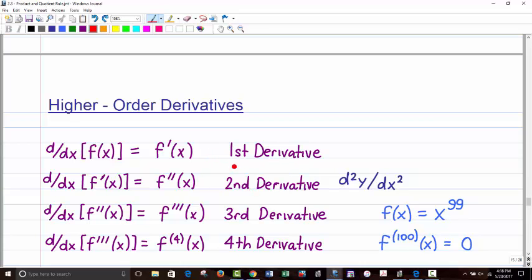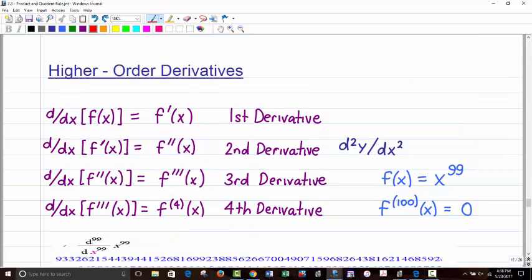Now the second derivative. We use this prime notation, and then after this is another way to write the second derivative. You don't have to worry about ever labeling it that way, but it's good to recognize. The third derivative would be d cubed y over dx cubed. First derivative, second derivative, they use the prime notation.